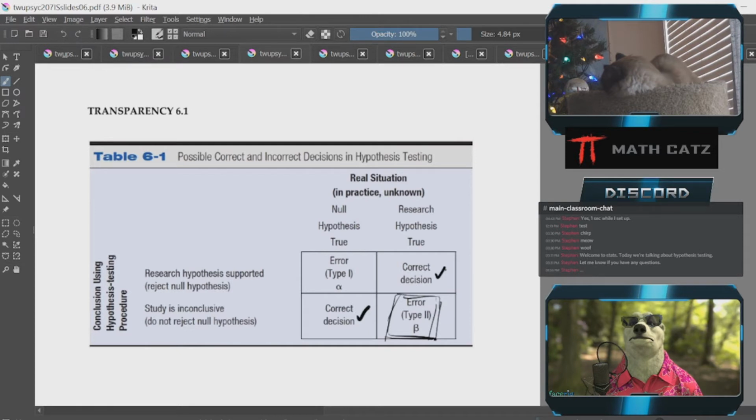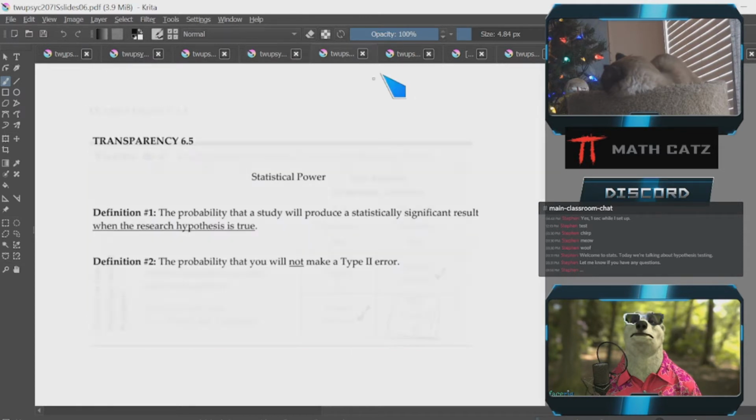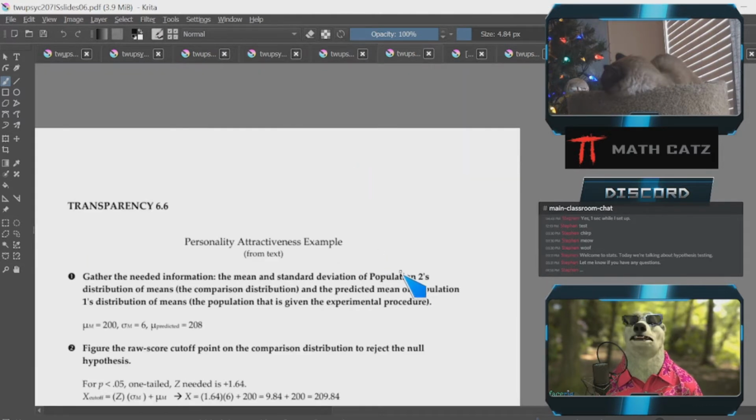But first, I'm going to refer back to this in a second. Let's start with our example, one of the examples that were discussed previously, the personality attractiveness example.